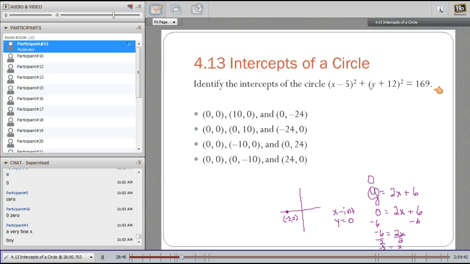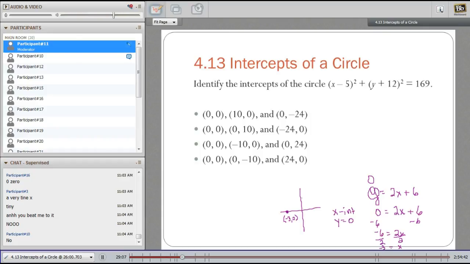Now, again, use your test-taking skills. Do you need to probably plug in 0, 0? Why not? This is good to see for ACT. We started out talking about ACT.